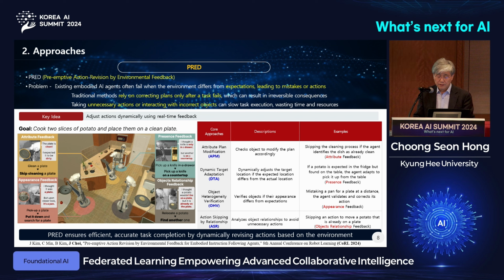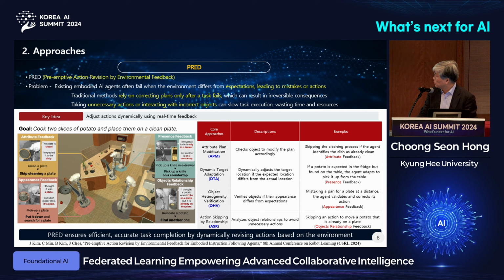The second, DTA, dynamic target adaptation, adjusts the target dynamically when an object's actual location does not match its expected location.